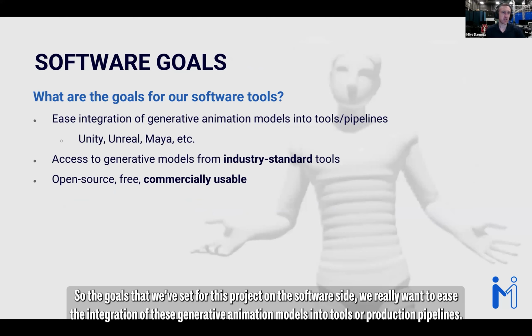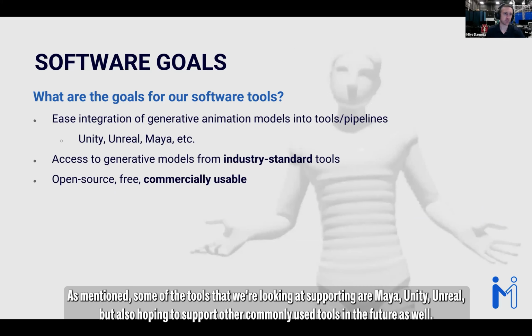So the goals that we've set for this project on the software side, we really want to ease the integration of these generative animation models into tools or production pipelines. As mentioned, some of the tools that we're looking at supporting are Maya, Unity, Unreal, but also hoping to support other commonly used tools in the future as well.